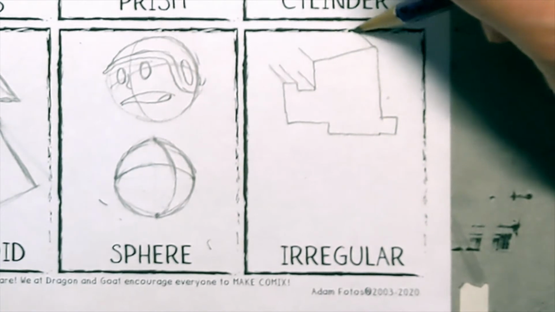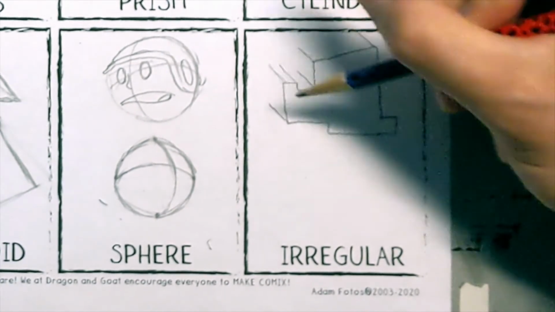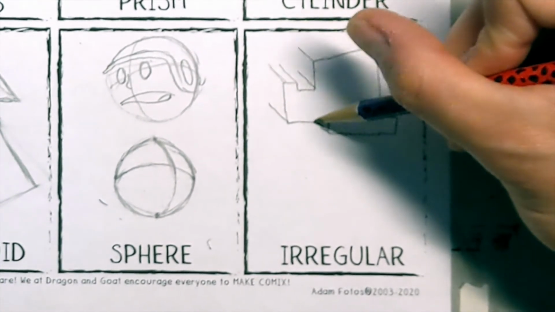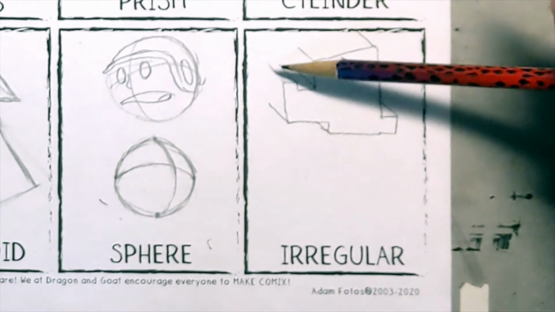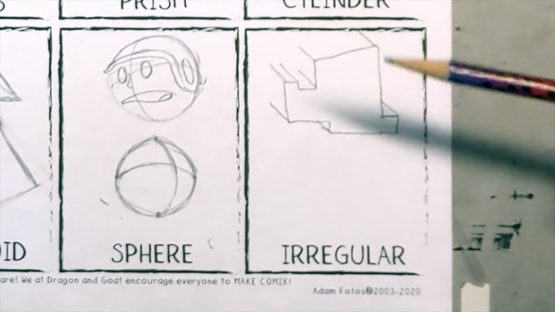You want that to be fairly parallel. And then you connect where they're not hitting that front face.